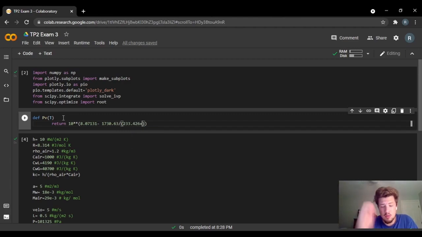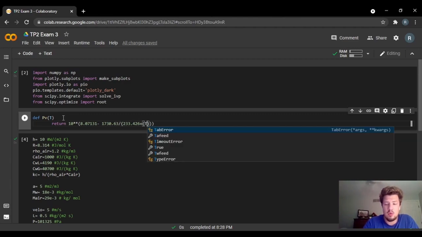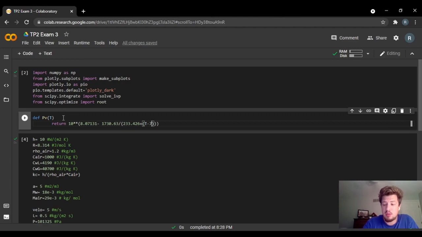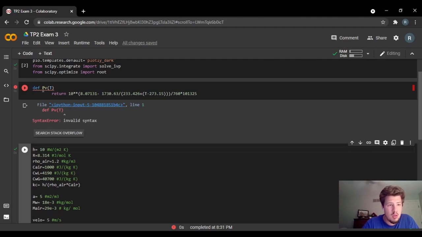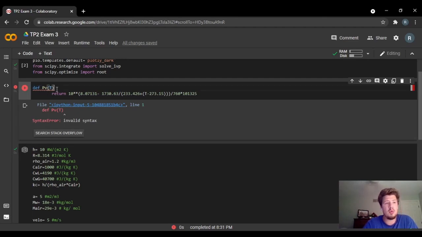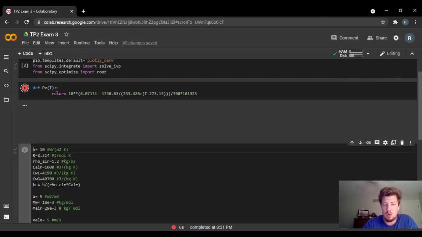Again, these are values you can find online for Antoine's equation. And then all of that divided by 760 times the pressure, which, since it's before the code, I need to actually input that. Invalid syntax. Oh, I forgot my colon.